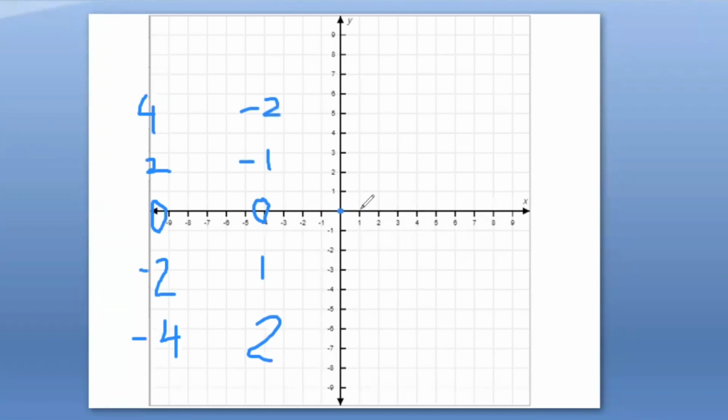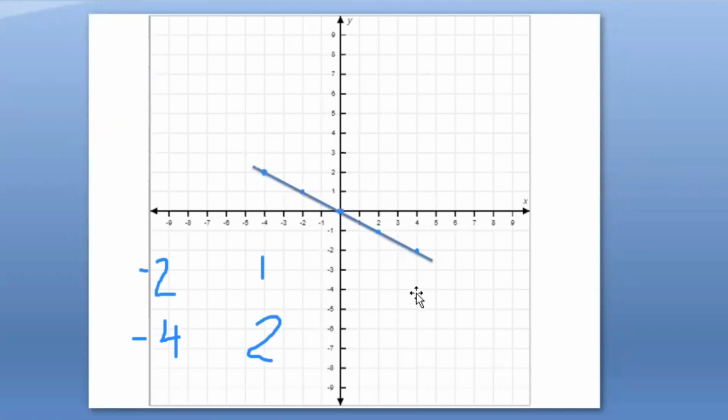The next is 2 on the x-axis and minus 1 on the y-axis. Then 4 on the x-axis and minus 2 on the y-axis, minus 2 on the x-axis and 1 on the y-axis, and minus 4 and 2.